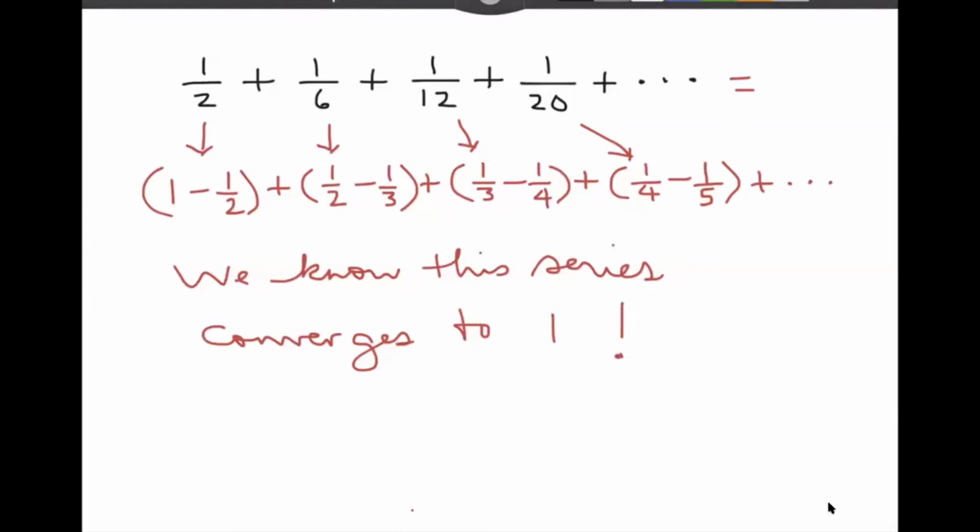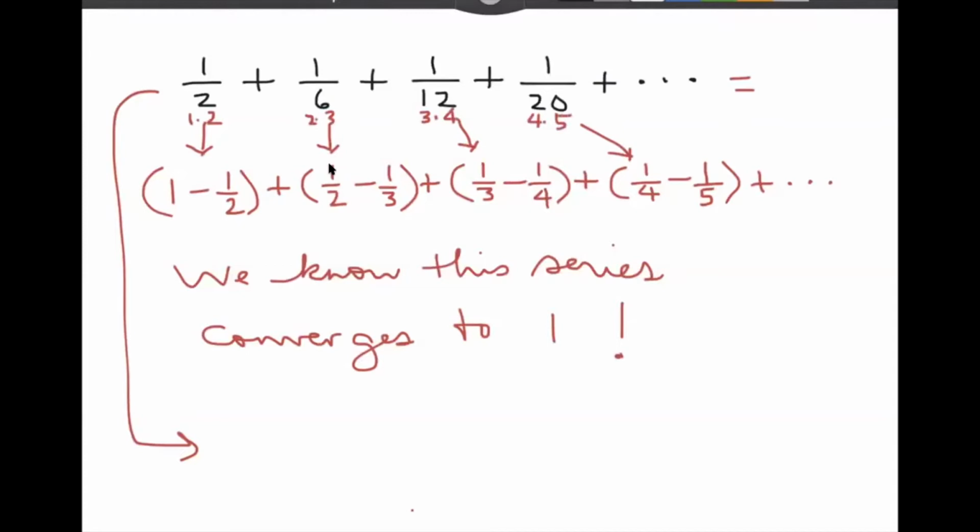So we will be using the method of partial fractions to take a fraction like this and rewrite it like this. And by the way, let me just add one thing. The closed form for this series, let me point out another pattern: 2 is 1 times 2, 6 is 2 times 3, 12 is 3 times 4, 20 is 4 times 5.